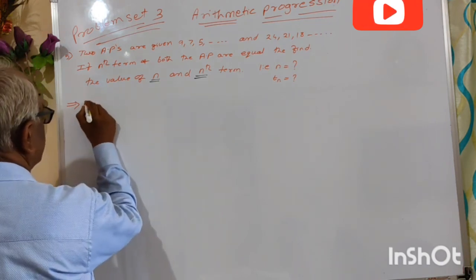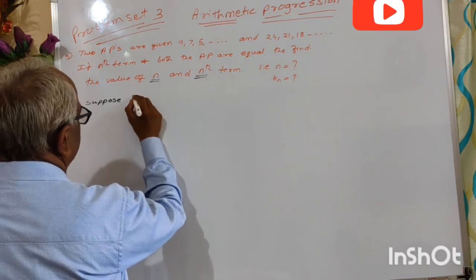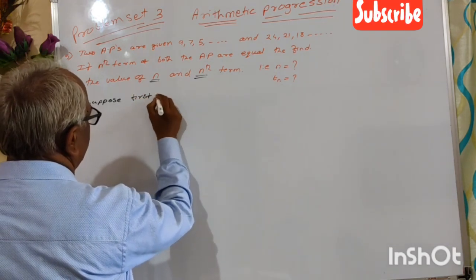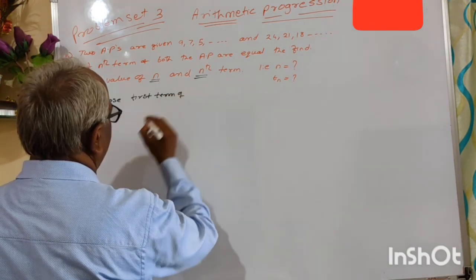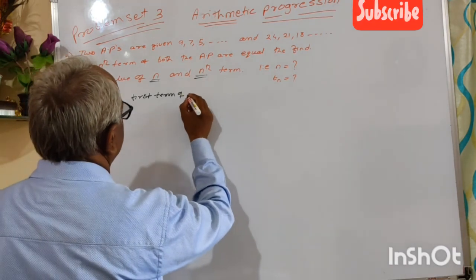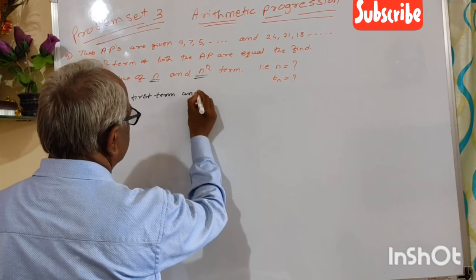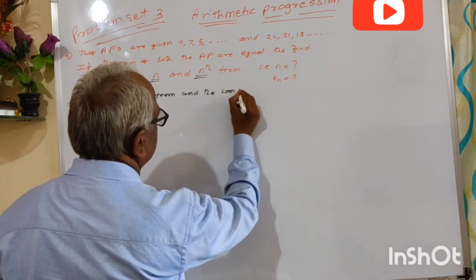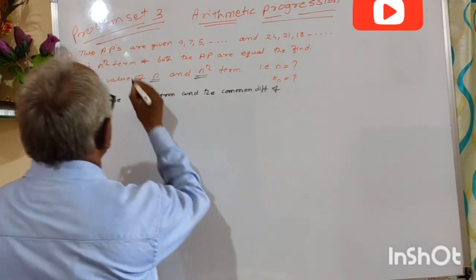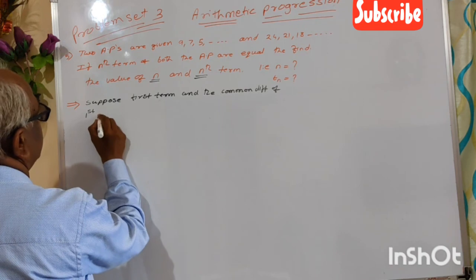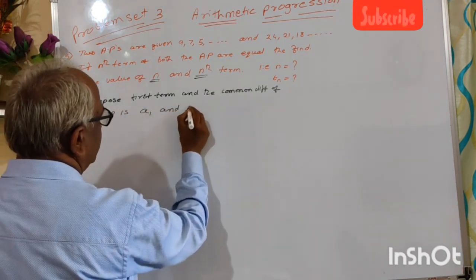Now here suppose the first term and the common difference of the first arithmetic progression are A1 and D1.